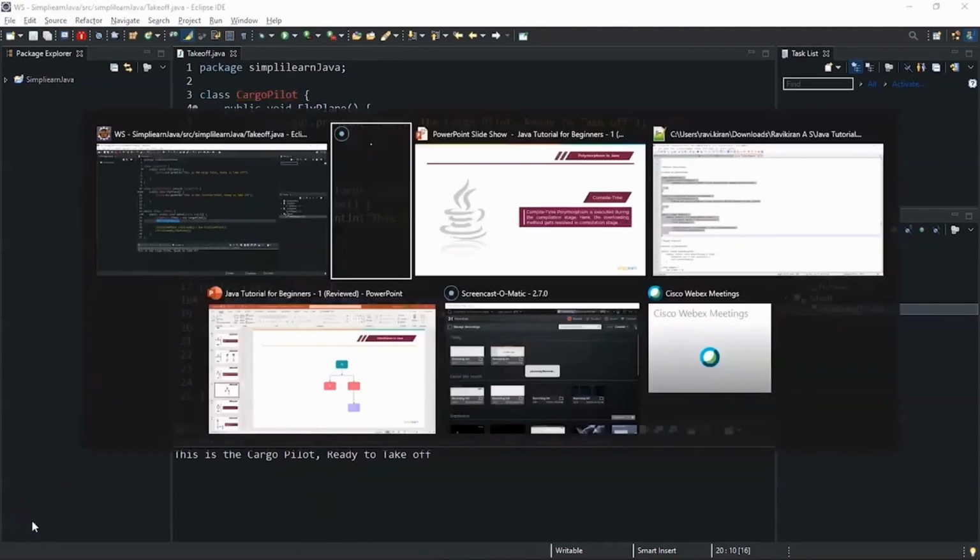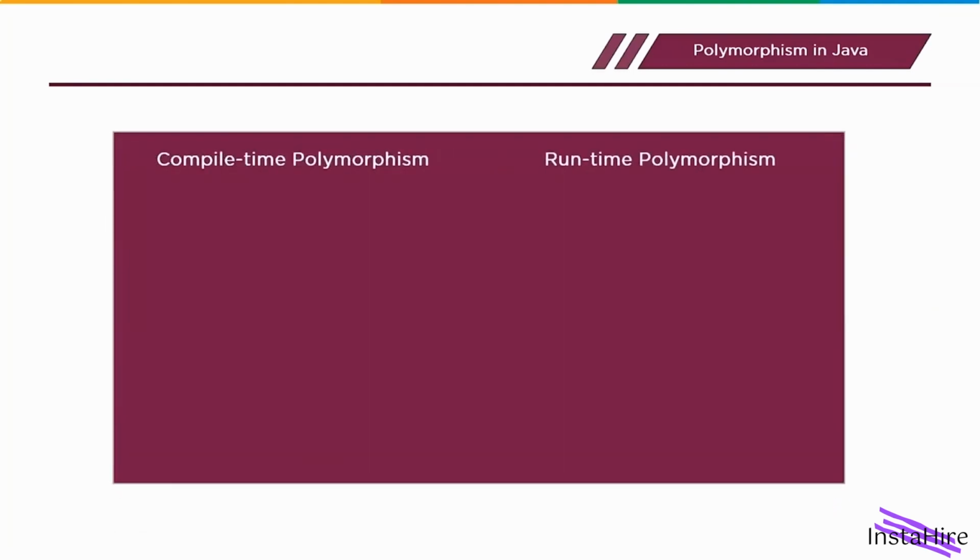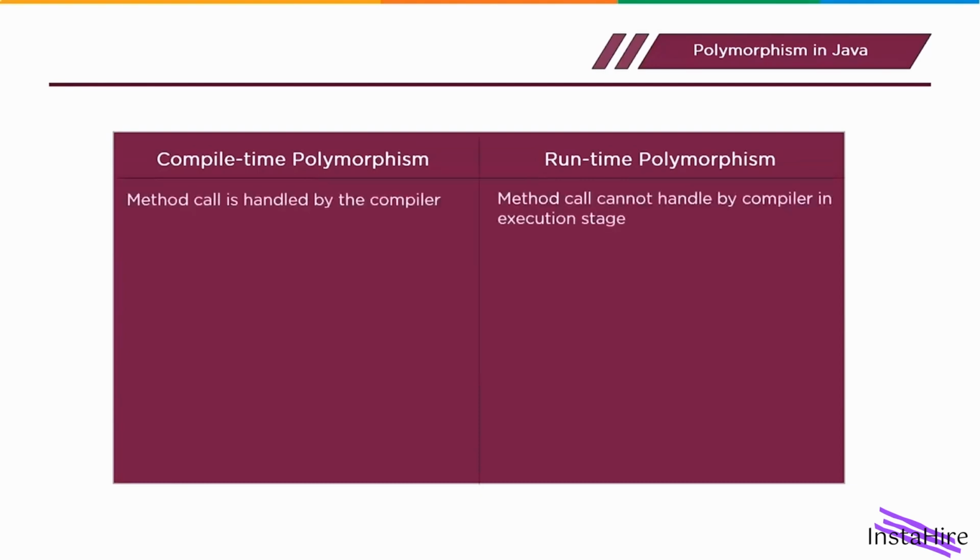Now let's move into the next topic where we will discuss the differences between runtime polymorphism and compile time polymorphism. The first difference between the both is that in compile time polymorphism, the method call is handled by the compiler during the compilation stage. On the other hand, the method call cannot be handled by the compiler in the execution stage in runtime polymorphism.